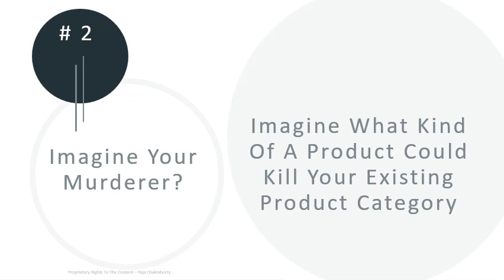So this is the second technique, that you will have to force yourself to think, okay, what could really kill my product category? A simple example, let's say deodorant. If deodorant players today start thinking about what can happen so that tomorrow deodorant will not be required anymore, maybe we'll get some absolutely unique ideas. Okay, so this is technique number two.